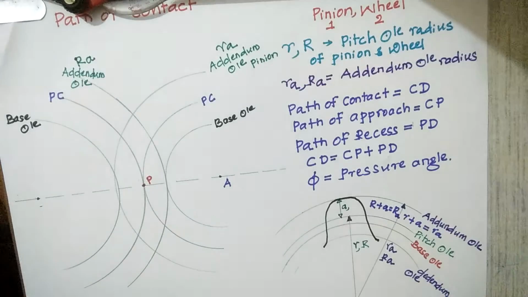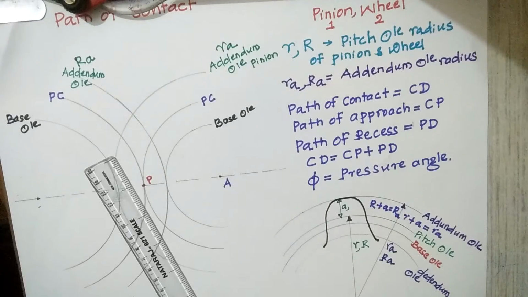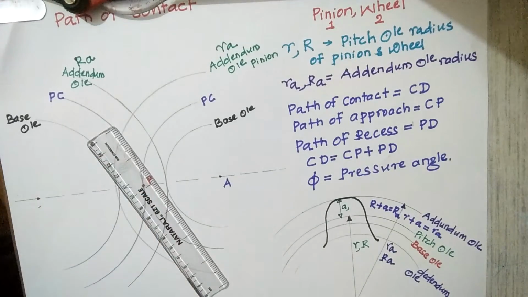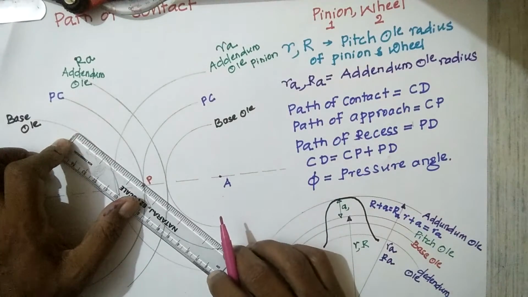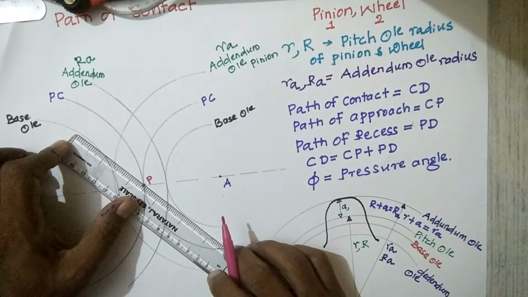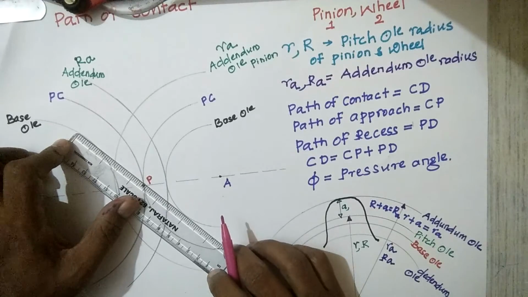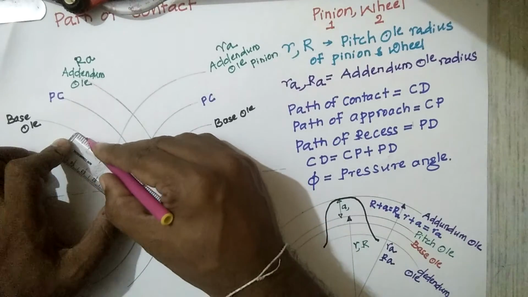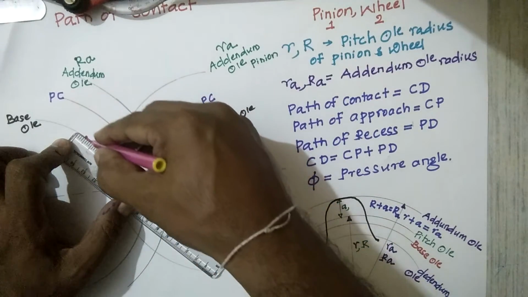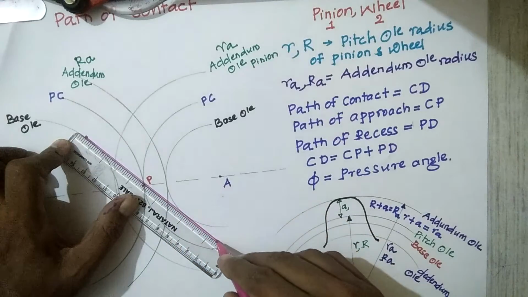Then what I said? Line of action. I will come to the line of action. The line of action should always be tangent to the base circle. I have said this also. You draw the tangent, look at this figure. Exactly, a little bit approximately, you draw exactly tangent to the base circle.